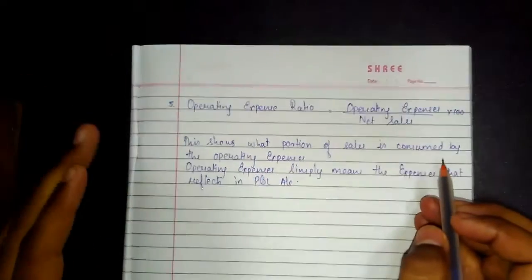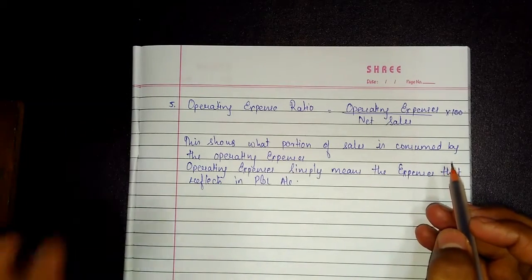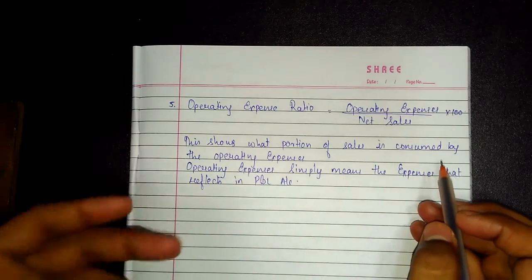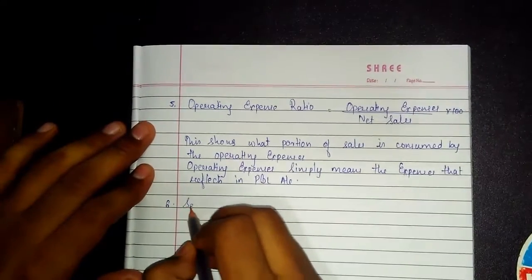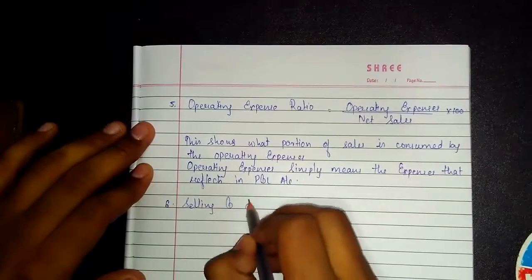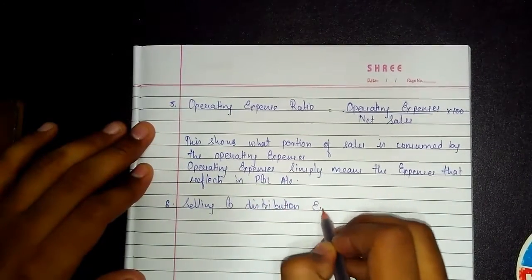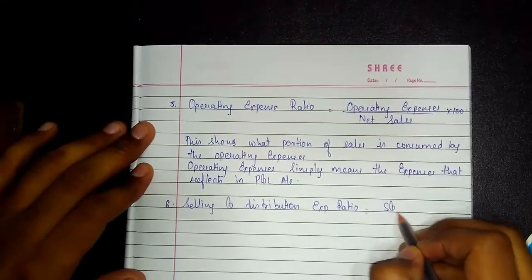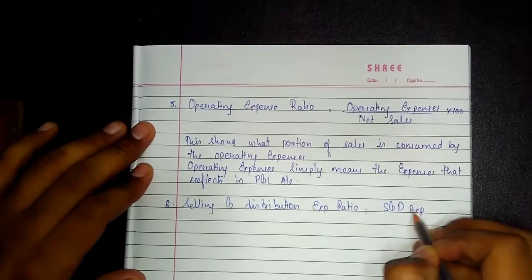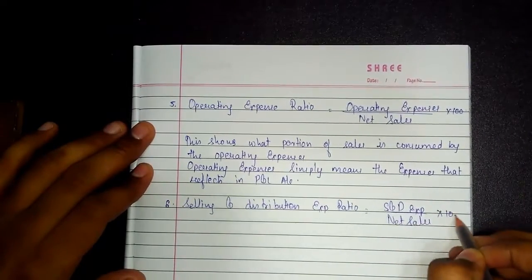Operating expenses is done. And at the end of this, 2 more formulas, I'll give you a little more grip. So let's rush. 6th is the selling and distribution expenses ratio. The formula is selling and distribution expense upon net sales into 100.